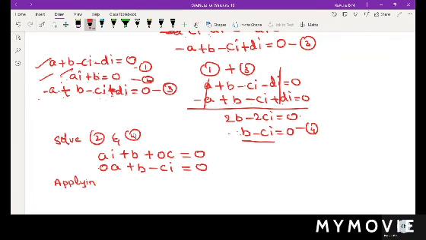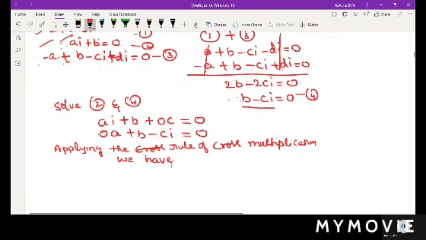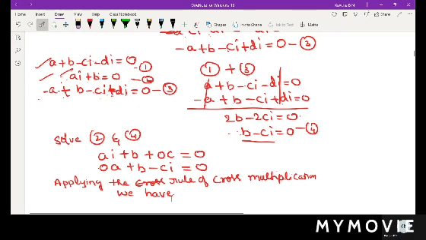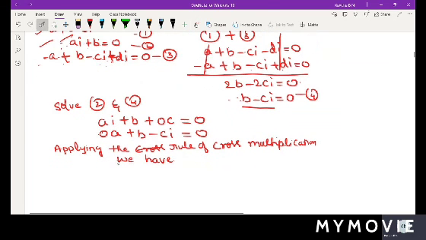Applying the rule of cross multiplication, we have, okay, here a, if we are taking a here, means don't take the first column, this element, the a element, don't take it.